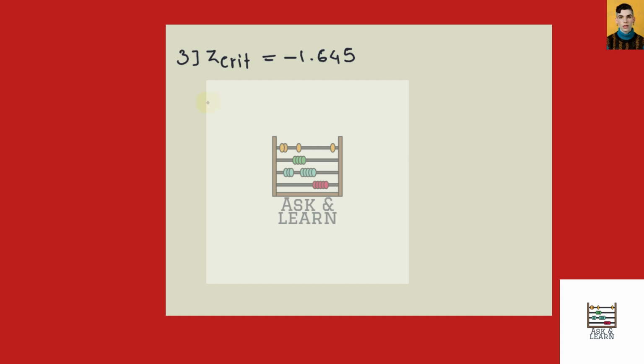The decision criterion based on the Z critical value is: if the calculated Z value is less than the Z critical value, then we reject the null hypothesis H0. Here the calculated Z is minus 1.5321 and Z critical is minus 1.645.